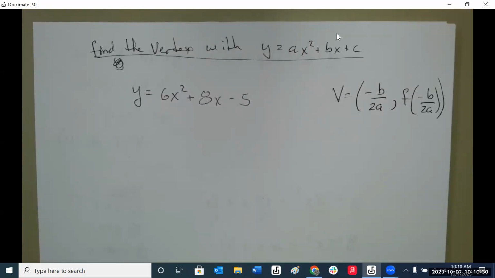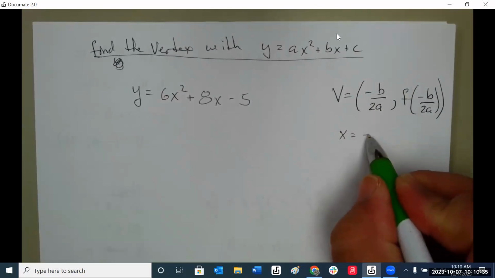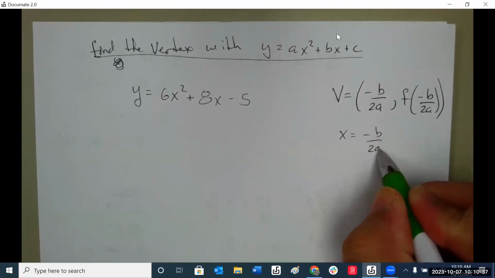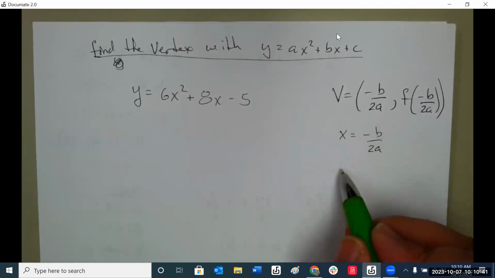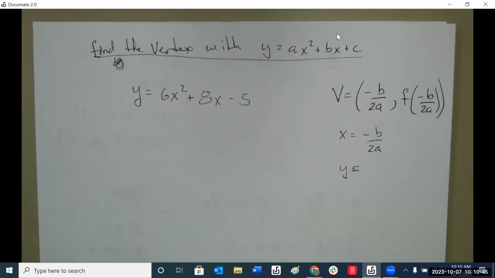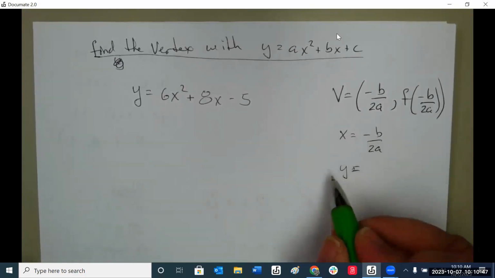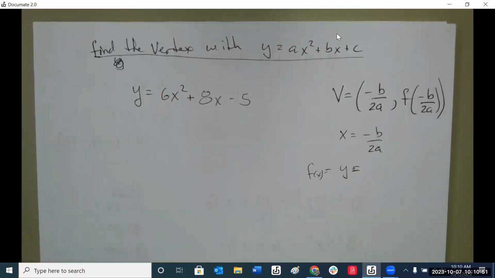So your x value is negative b over 2a. Once you find that, plug that back into your equation, and that'll give you the y value. That's what this says. Remember, f of x is the same thing as y.